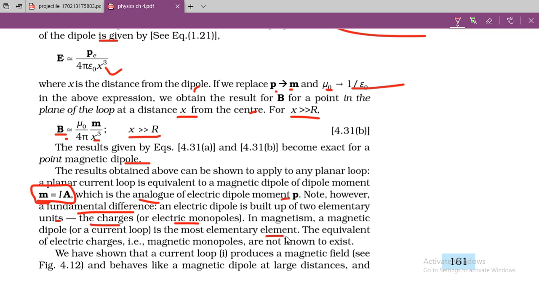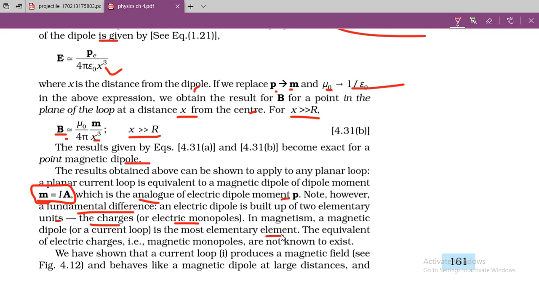Actually, the meaning of the statements is that in the case of an electric dipole, the smallest unit is the charge, but not the dipole itself. But in the case of a magnetic dipole, the smallest unit is the magnetic dipole itself. This is the actual meaning of the statements given here.